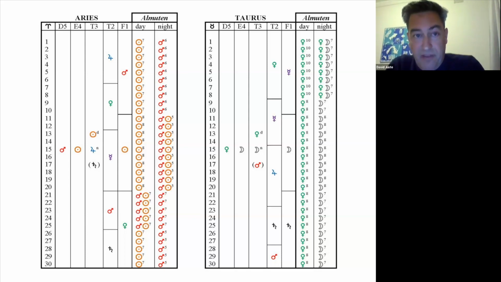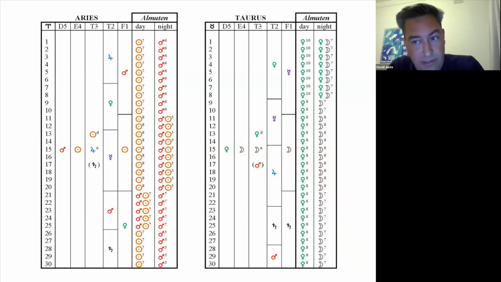That's domicile 5 points, exaltation 4 points, triplicity 3 points, term 2 points, facies or decan 1 point. So in the case of Aries, we know that Mars is the ruler of Aries, or Aries is the domicile of Mars. Mars has 5 points. The Sun is exalted in Aries. The Sun gets 4 points.